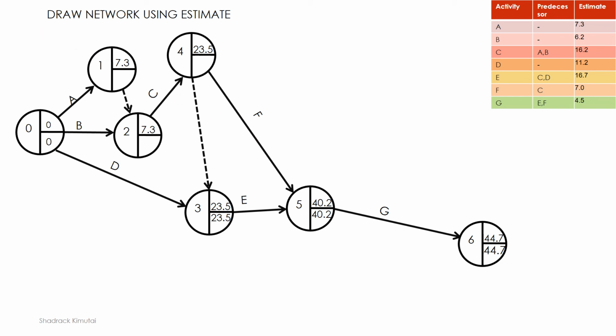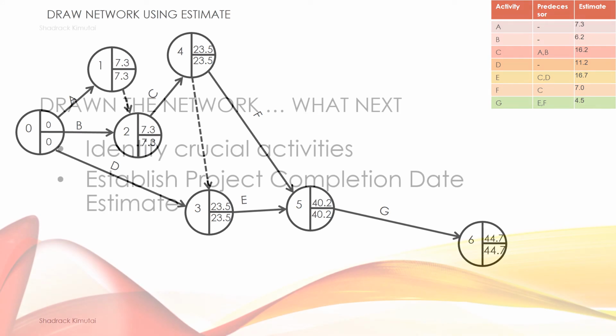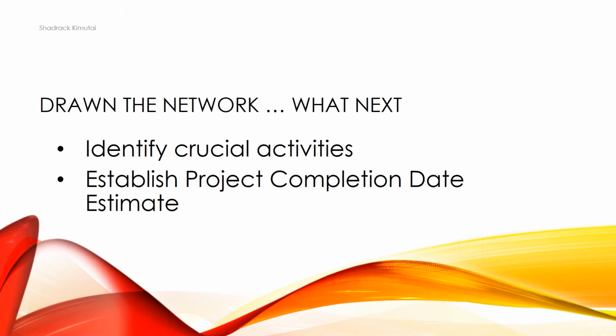Walking back, we'll have 23.5, 27.3. Also through a dummy, we'll have 7.3. 0. So having drawn the network, what is the next thing that we'll do?